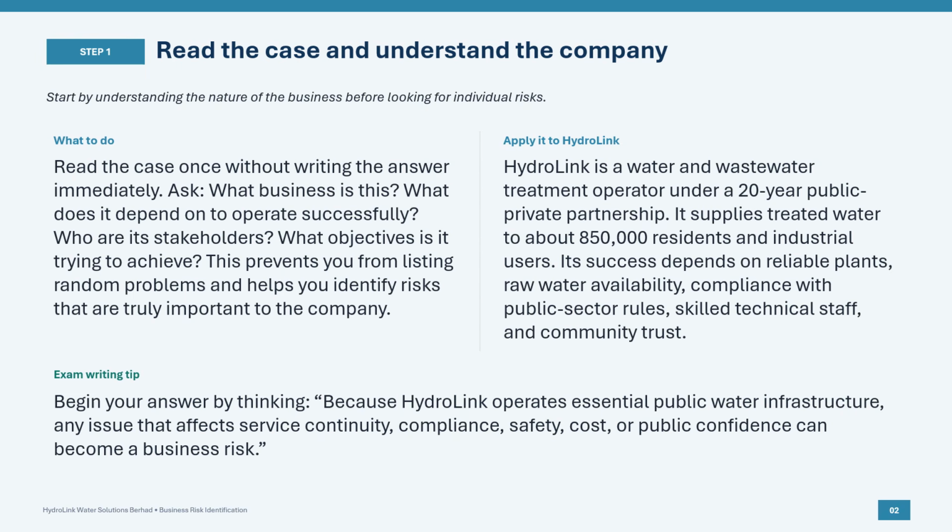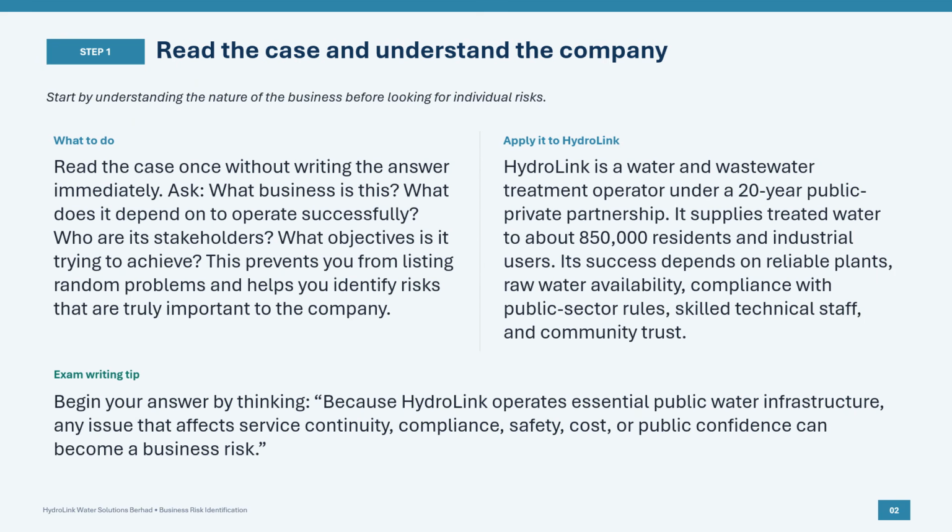Okay, so it supplies treated water. Treated water means they use the raw water and treat it, so that it can supply to the residents. So 850,000 residents and industry use. Okay, they also supply to industry.